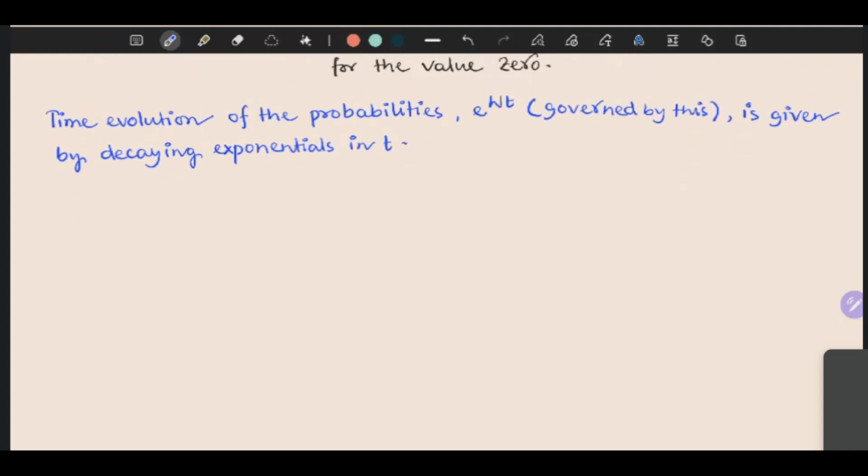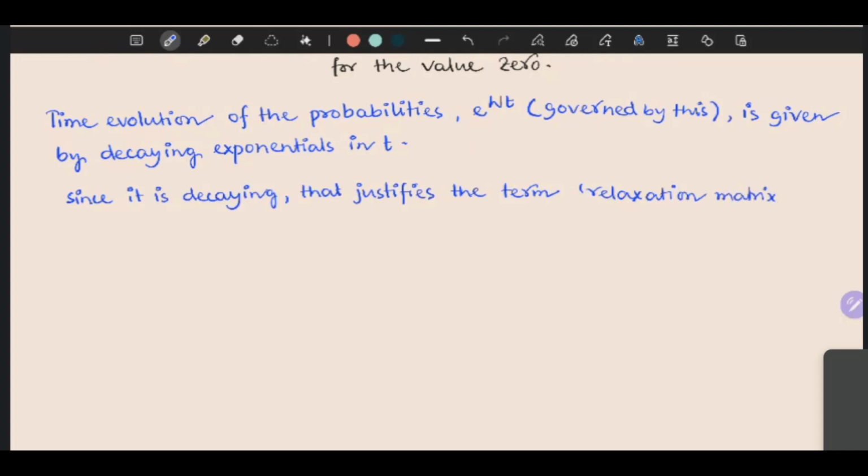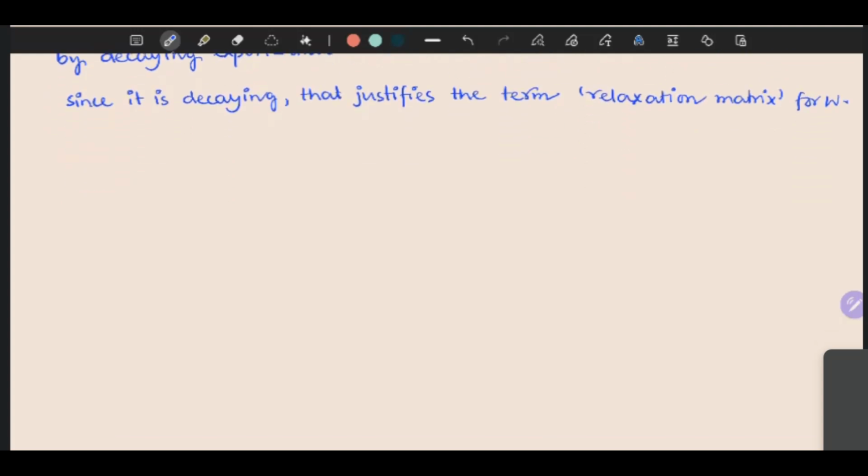So since it is decaying, that justifies the term relaxation matrix for W. Okay, now the stationary distribution.